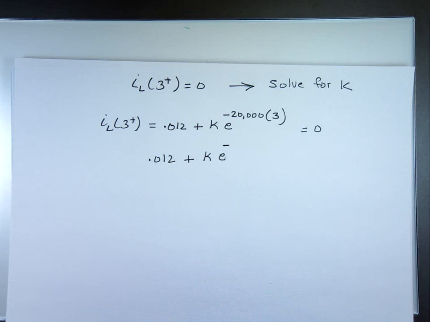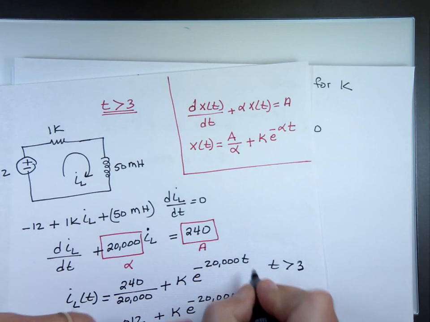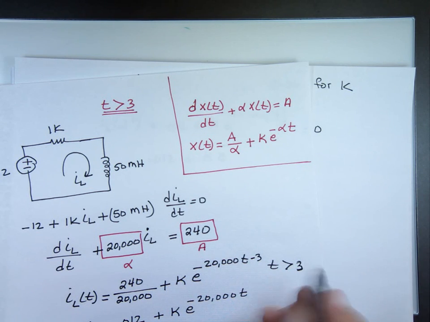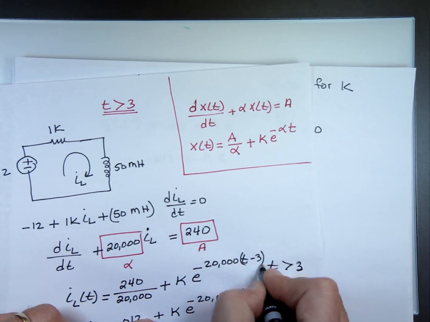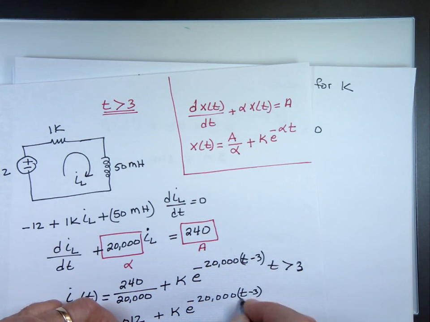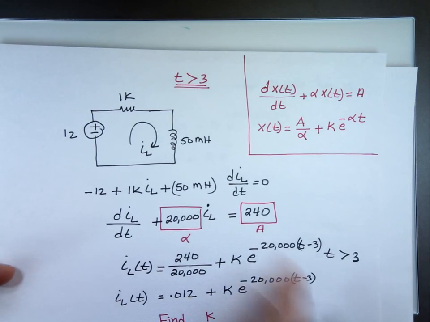I think it's 3 steps, but you know what? When I write this equation, I should say t minus 3, because that doesn't kick in till t equals 3 seconds, right? I keep forgetting about starting at 3, not at 0 here.